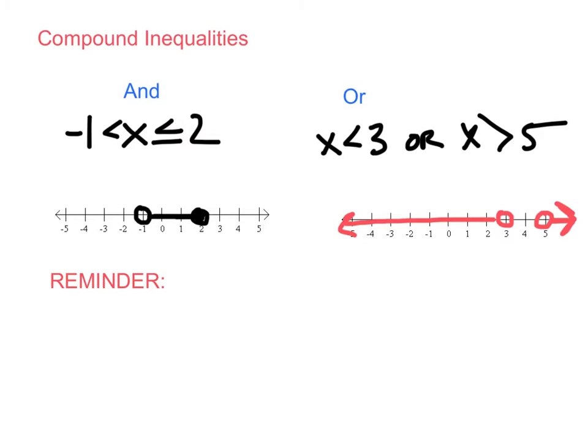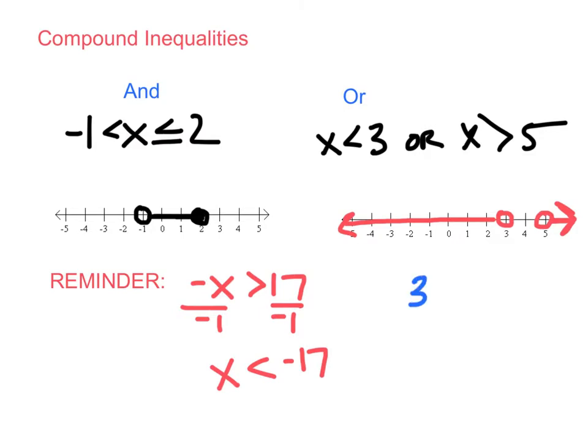Now for a quick reminder before we get into solving, if you divide by a negative, the inequality has to flip. So if I have negative x is greater than 17, if I divide both sides by negative 1, this is the same thing as x is less than negative 17. Now let me show you why that's true with just some numbers.